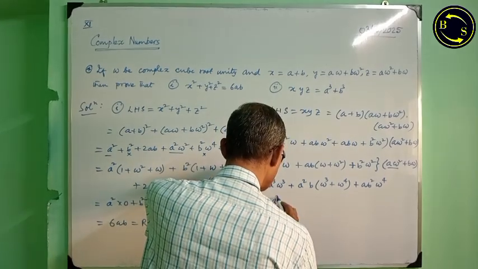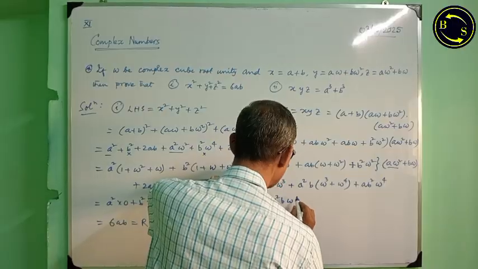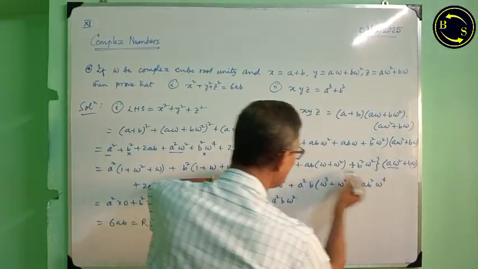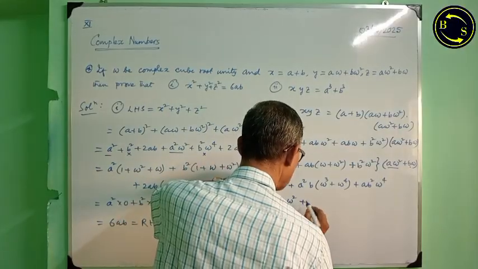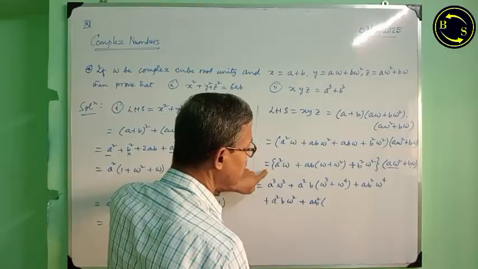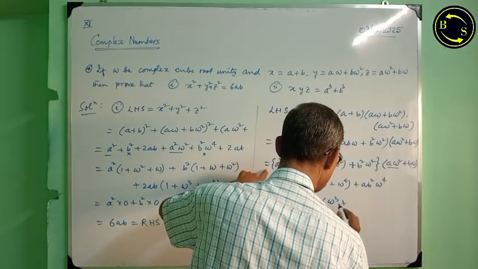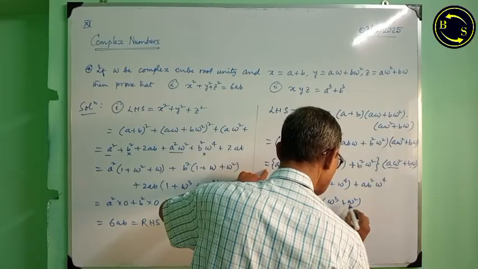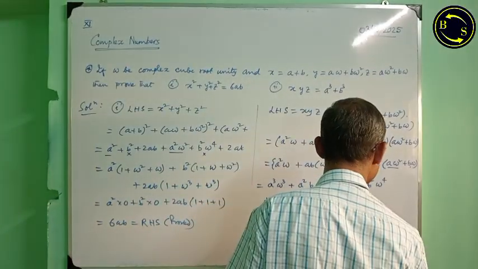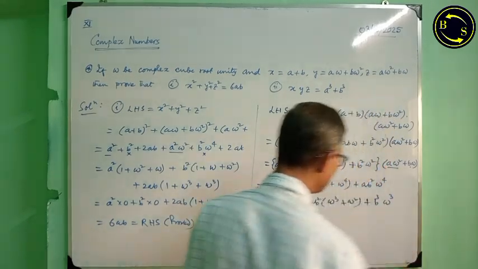a square b omega square, b omega into whole, plus ab square within brackets omega cube plus omega square plus omega cube plus b cube omega cube.